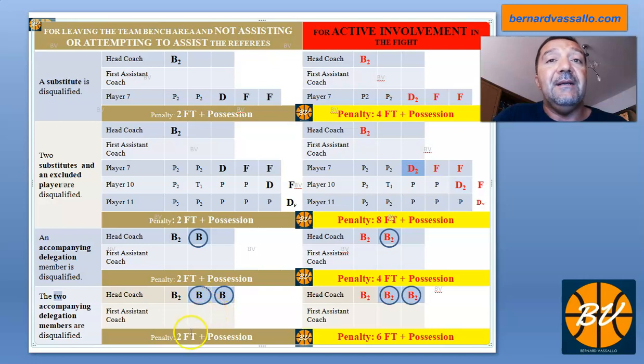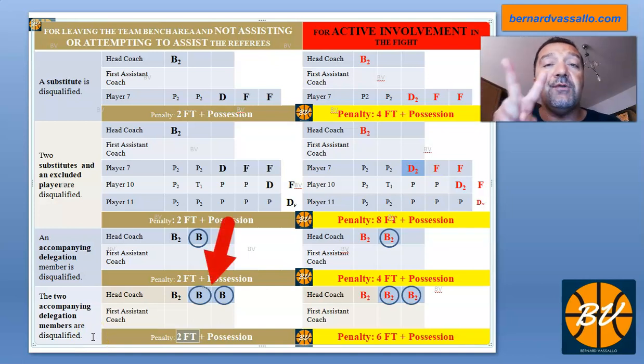The penalty here, as before, in the case of the coach and assistant coach, will still be 2 free throws and possession for the other team. But you might say, aren't there 3 Bs written on the head coach area of the score sheet?